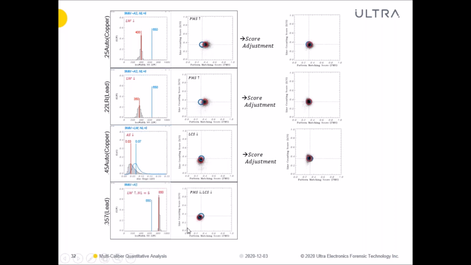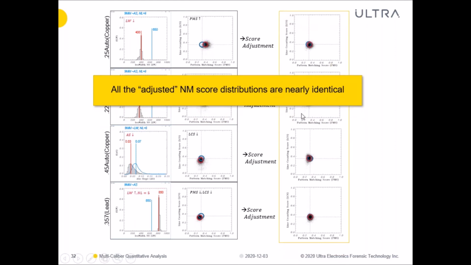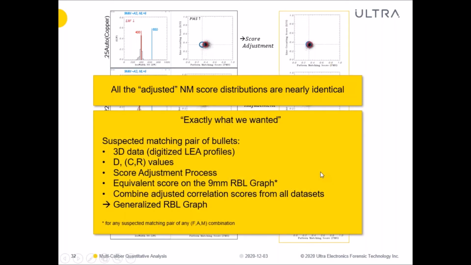And finally, for 357, we have different material, we have different land width, and we have 5 lands instead of 6. The consequence, we have lower pattern matching score, lower line counting score. And when we apply our score adjustment, it brings back the distribution right in the middle of the blue circle. So all those adjusted non-matching score distributions are nearly identical. And this is exactly what we wanted.